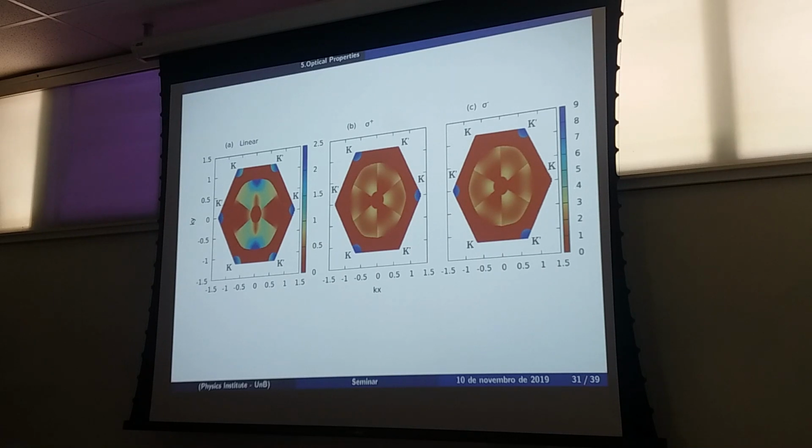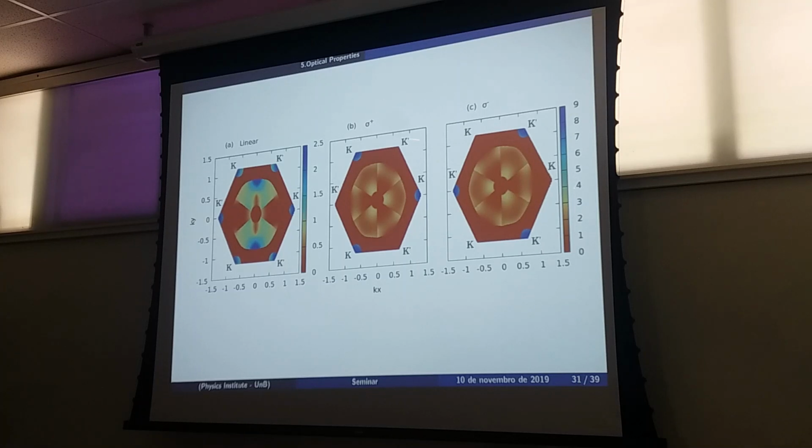So here I'd like to show you this with the Brillouin zone, and I put the linear polarization. This is the transition from the highest state of the valence band to the lowest state of the conduction band. When I put linear, all valleys emit light. But when I choose circular polarization, I can control valley emission here.